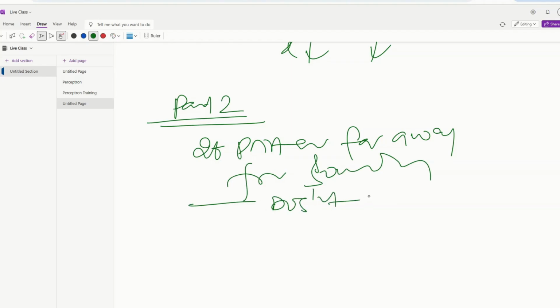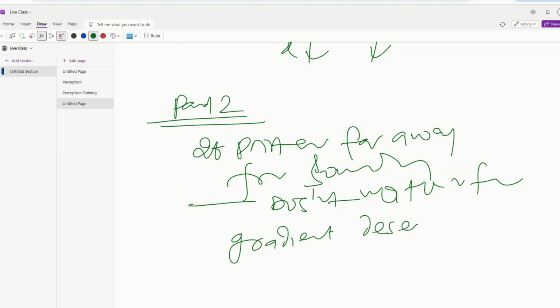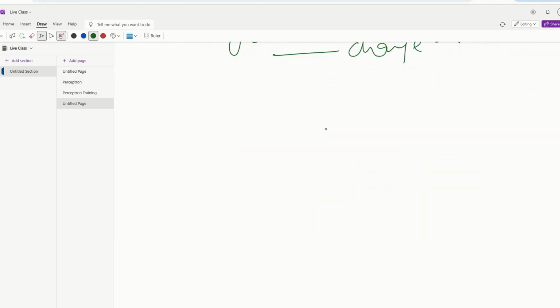It does not matter for gradient descent. The change will be constant. That is why it takes a lot of time to converge.